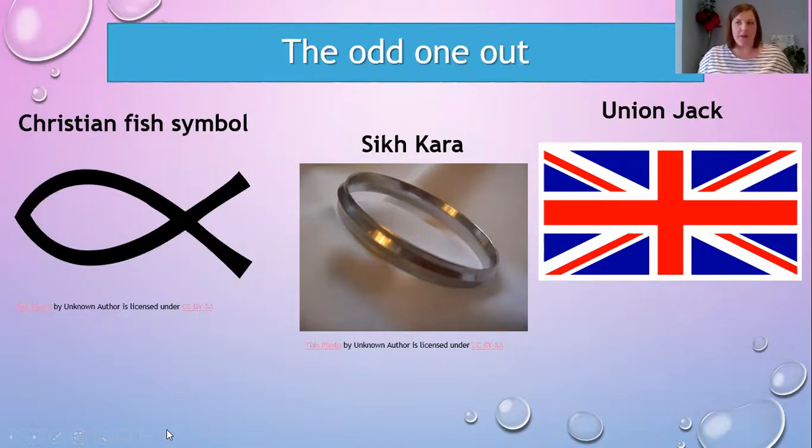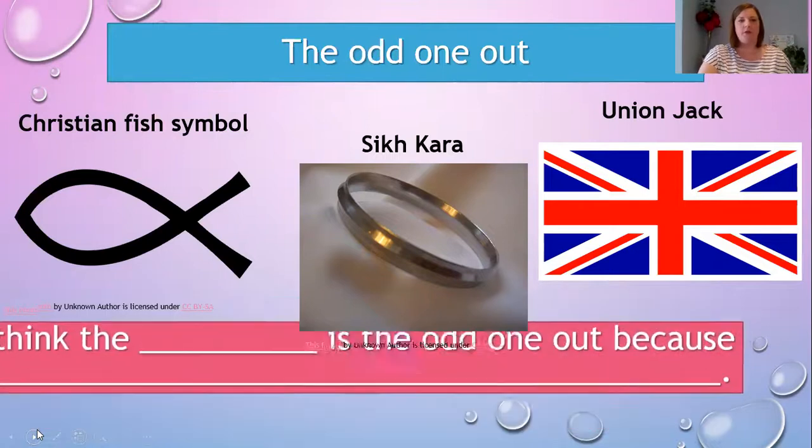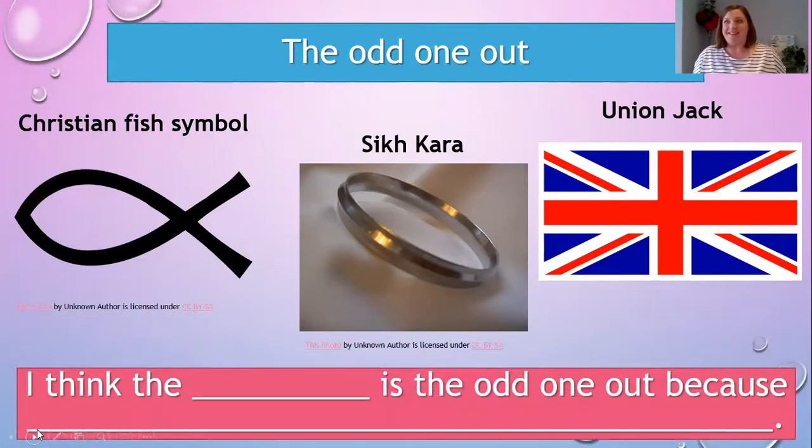Consider what you think about those and then see if you can answer this question or complete the sentence underneath. I think that, and in that blank, choose which one you think is the odd one out and then explain why. It is the odd one out because, and then finish off the sentence. Pause the video here to write your sentence.